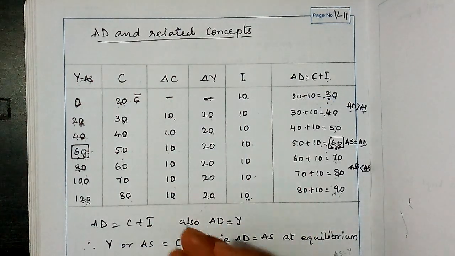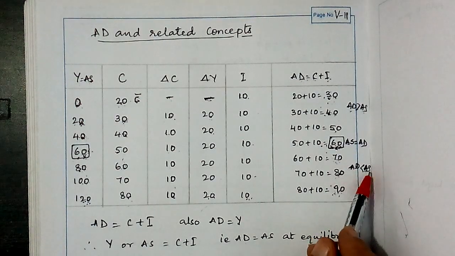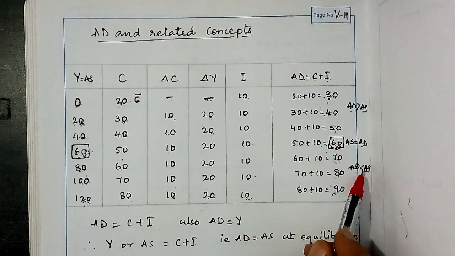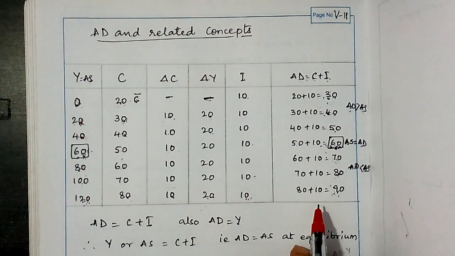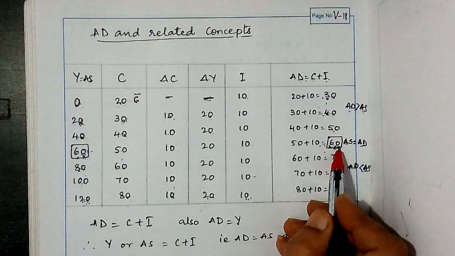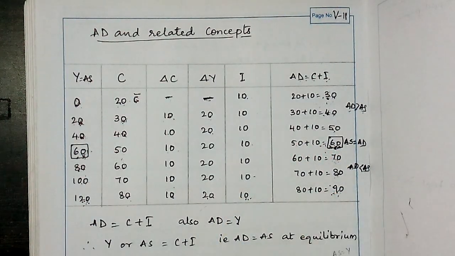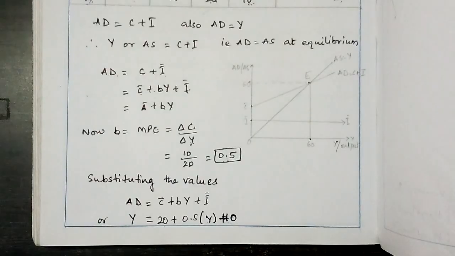So unemployment increases at this point when aggregate demand is less than aggregate supply. So what happened? Adjustment takes place. It will adjust itself in order to attain equilibrium. So we will understand this through a graph and a little bit of calculation down here.